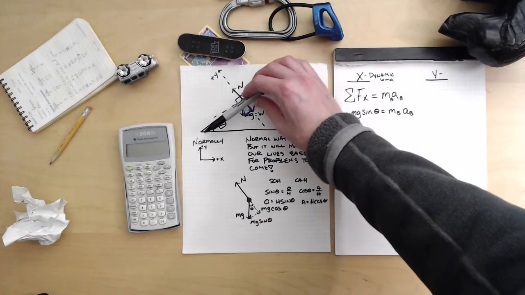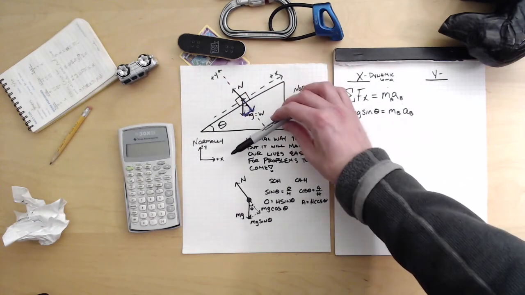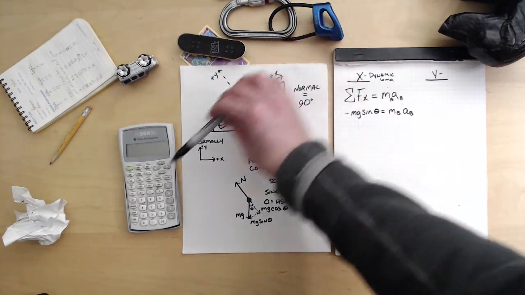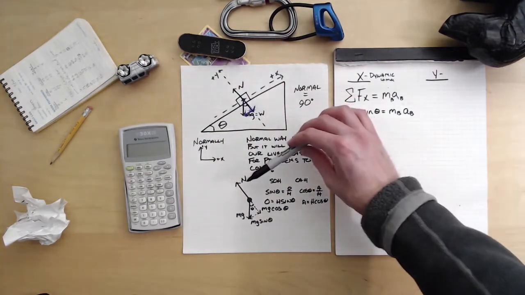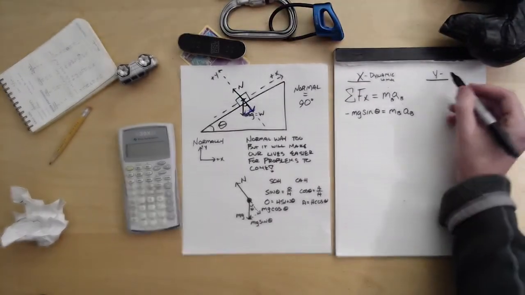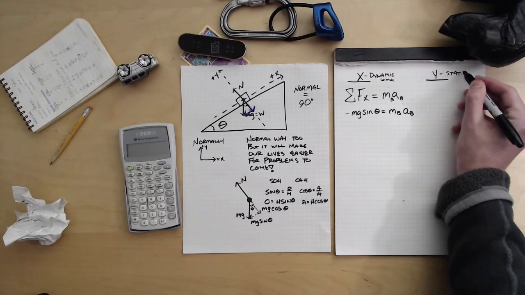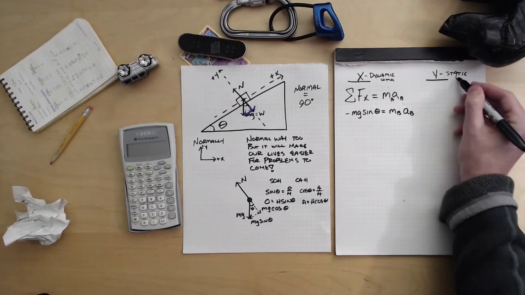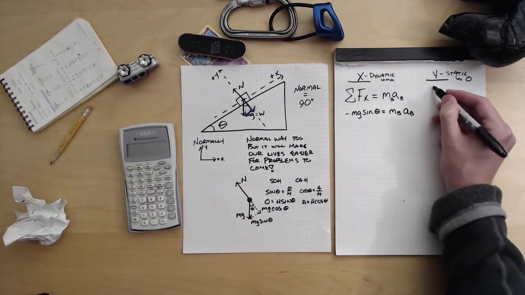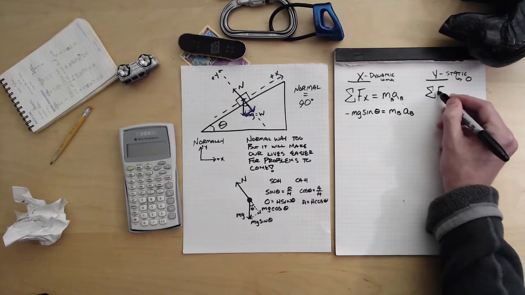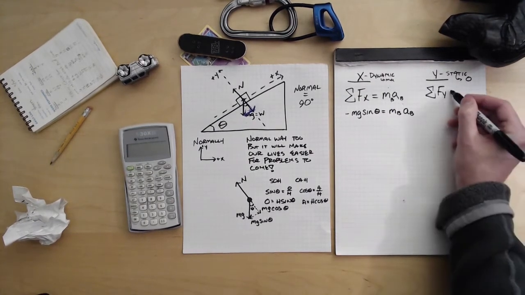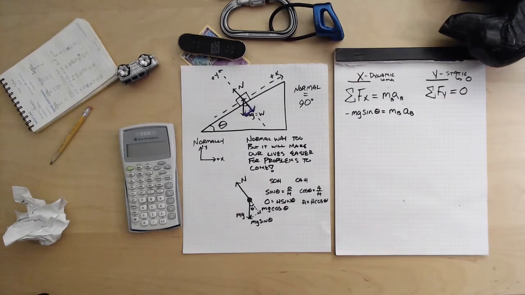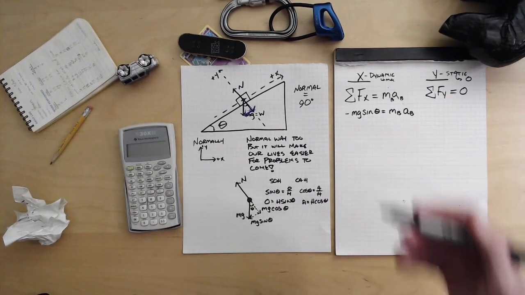So because Ben isn't going up the hill or down the hill, I mean he's going down the hill this way, but not down in the y-axis, this is going to be a static situation, and therefore we have to set it equal to 0. So we're going to sum up all of the forces in the y direction, and we're going to set that equal to 0.